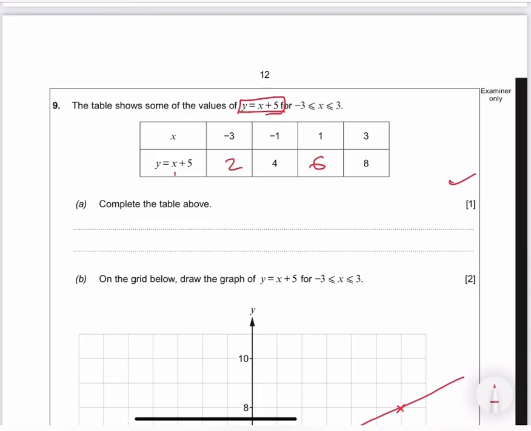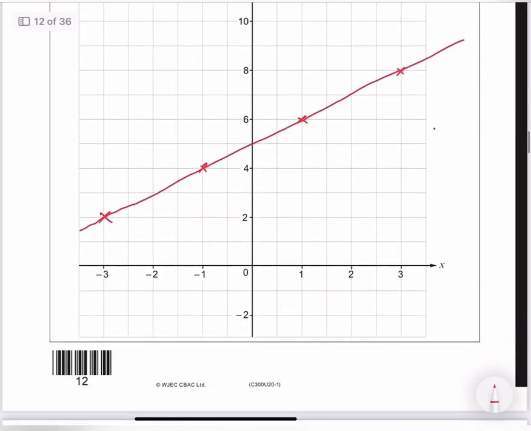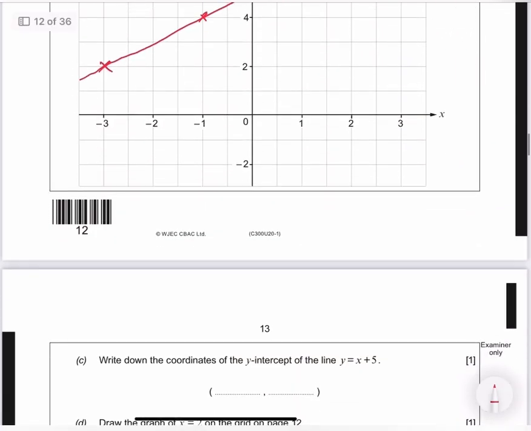Okay, so what are we doing next here? It says write down the coordinates of the y-intercept of the line y equals x plus 5. This is the equation of a straight line. The general way of writing it is y equals mx plus c, where m is the number we call the gradient, and c is the y-intercept.